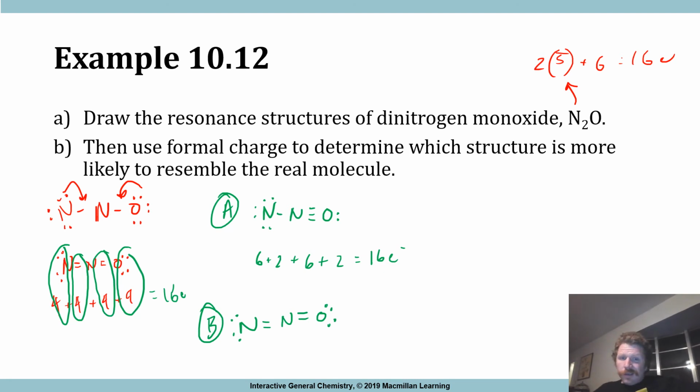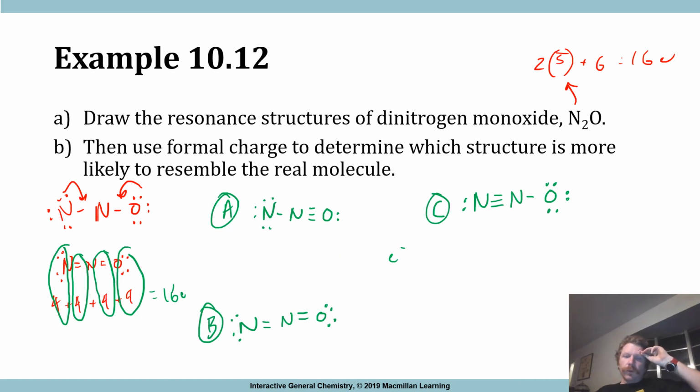And actually, looking at A, I could come back with C, where I've got N, got that right there. So to determine A, B, or C, which one is best?